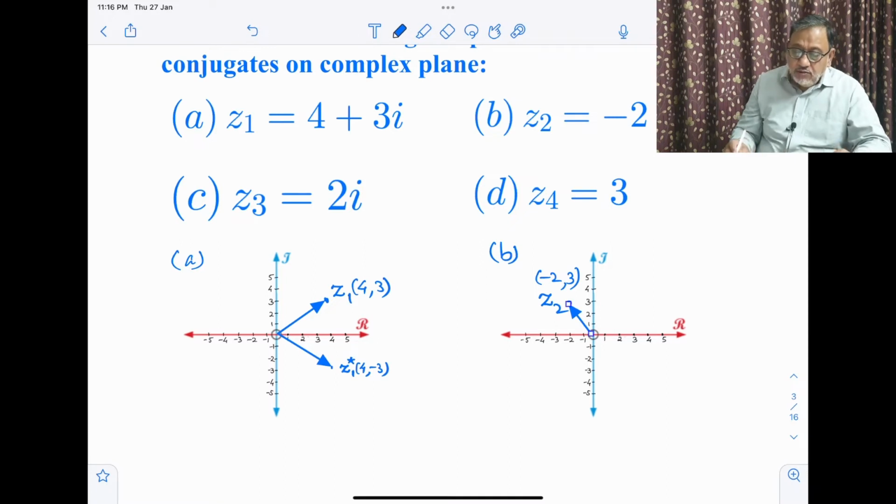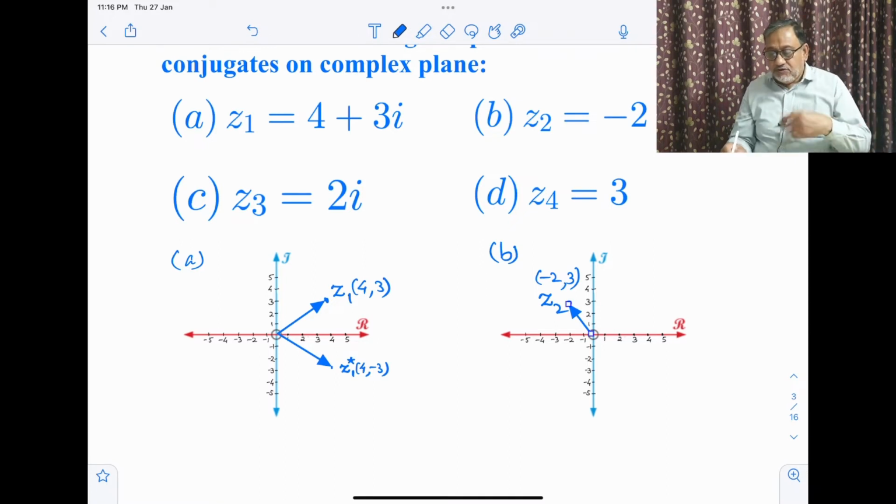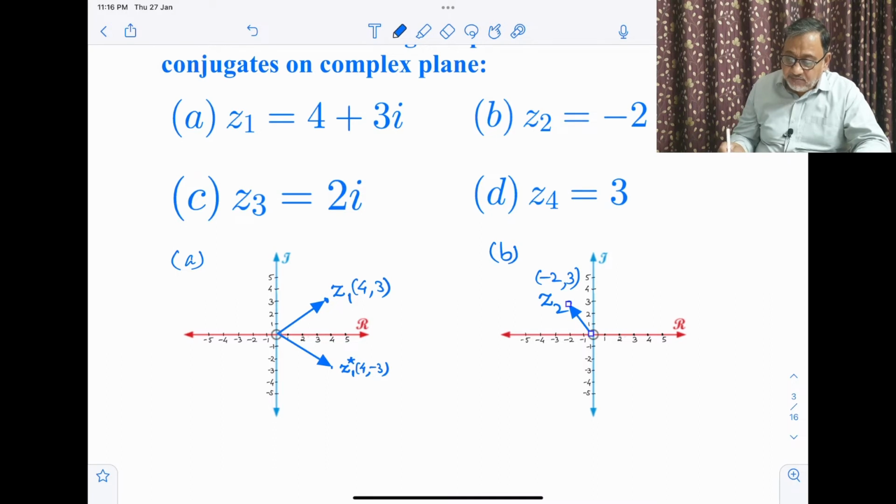Now its conjugate, because we have to represent the conjugate of each one of them. Its conjugate will be what? Can you guess? We only change the imaginary part. So Z2 conjugate will be represented by the point minus 2 comma minus 3, which is the reflection of Z2 in the real axis.